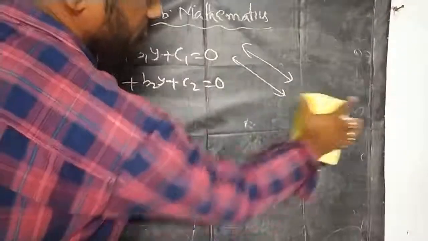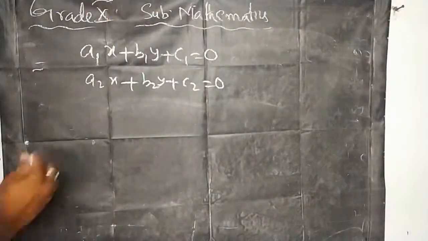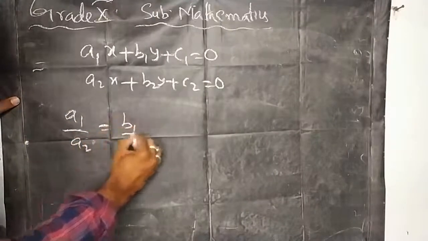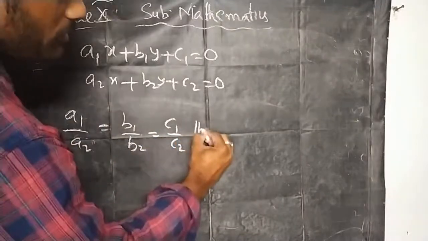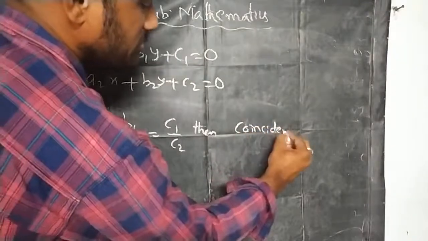Now, the third one: if a1 by a2 is equal to b1 by b2 is equal to c1 by c2, then we call the lines coincident lines.